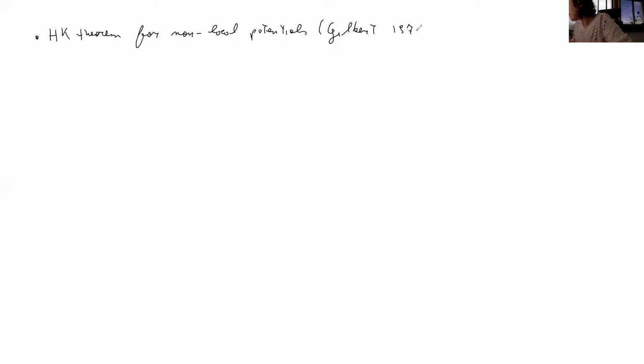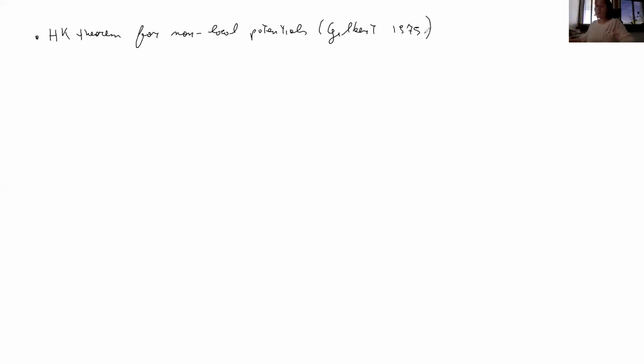So, the basic theorem of RDMFT is the Hohenberg-Kohn theorem for non-local potentials. It was not demonstrated by Hohenberg-Kohn, it was demonstrated by Gilbert in 1975.